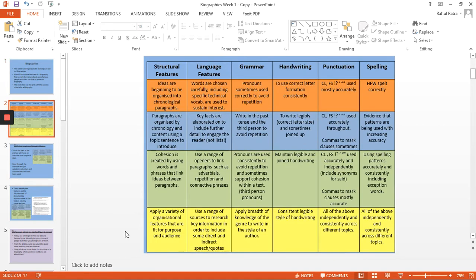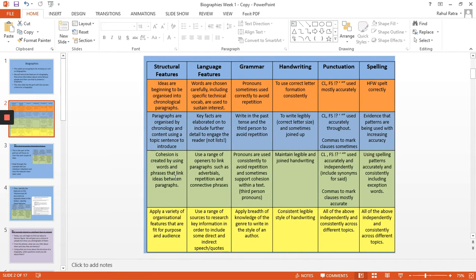The next slide here shows us a grid that's going to tell us about all the features that are required in our biographies. So we'll be focusing on structural and language features to begin with. And yes, grammar, handwriting, punctuation, and spelling is important when we start writing.